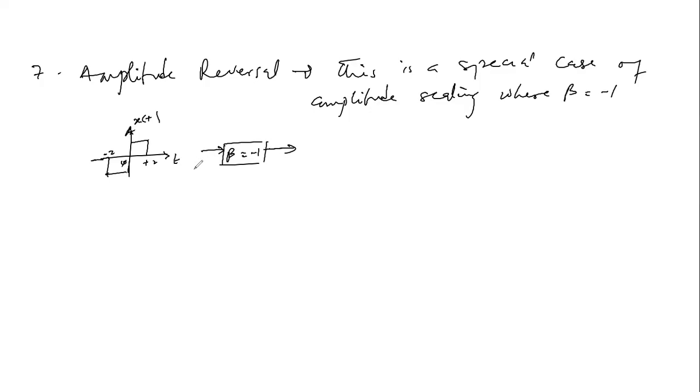Then if this is s of t, this is y of t, it means that y of t is the same as beta s of t, which is the same as -1 times s of t, minus s of t. Okay, and so what do we get at the output?